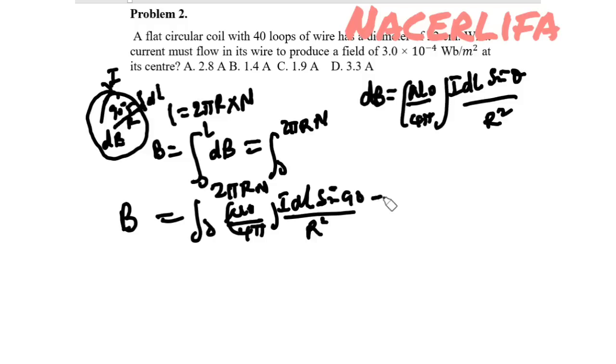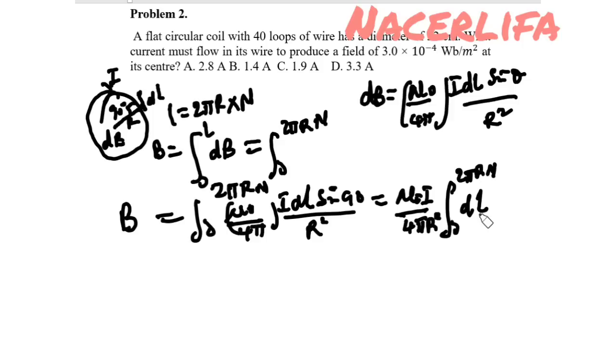So going further, our interest is to differentiate this infinitesimal length. So we bring this out. We have mu naught I upon 4 pi, we have r squared again. Then we integrate from 0 to 2 pi r N of dL. That is what we do now.